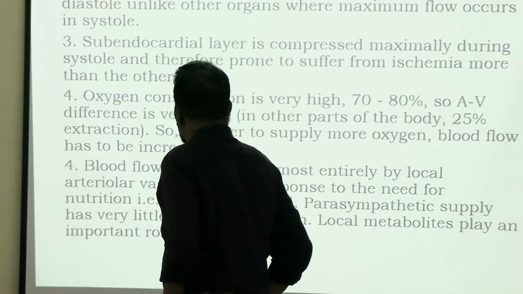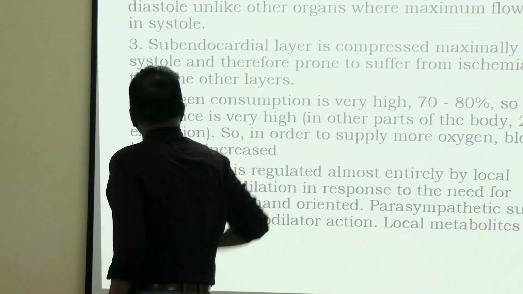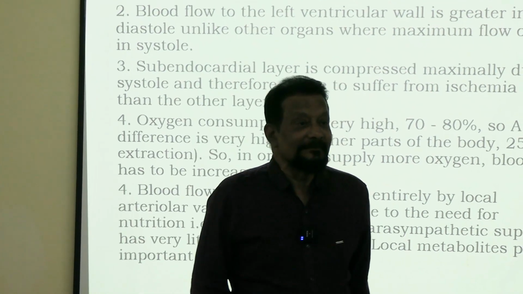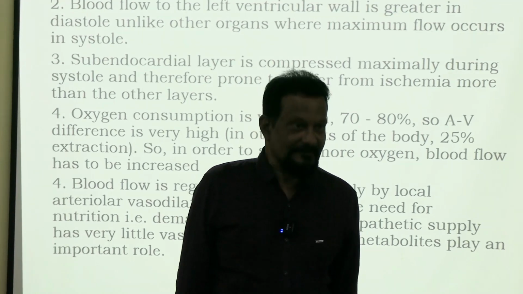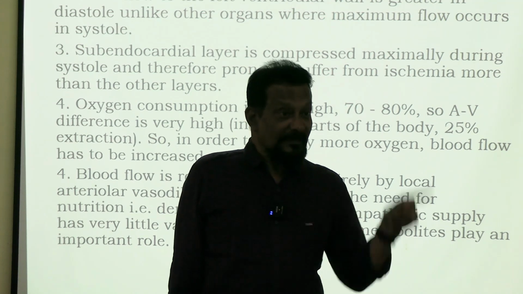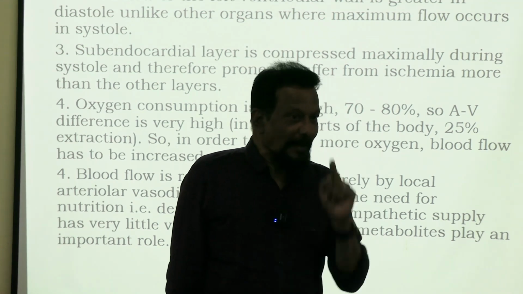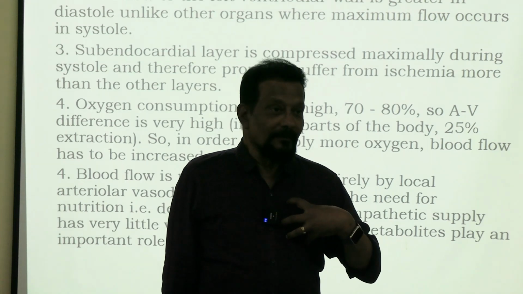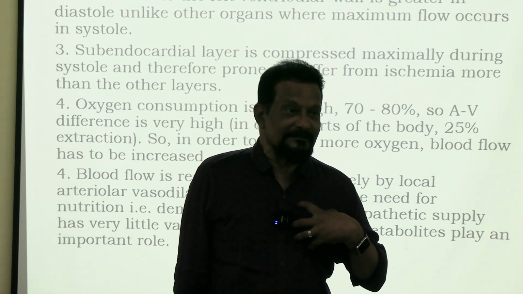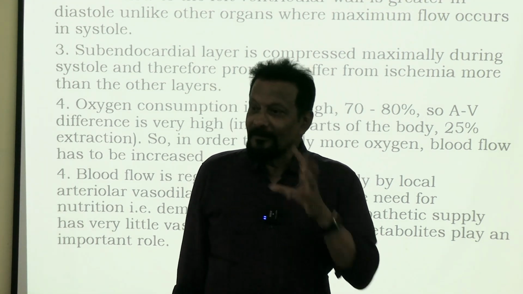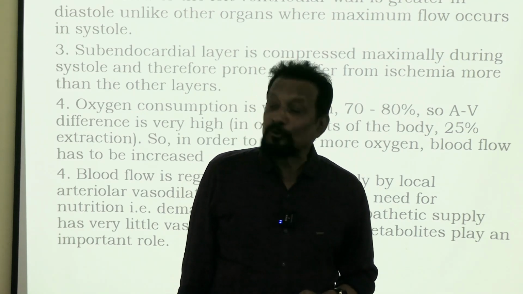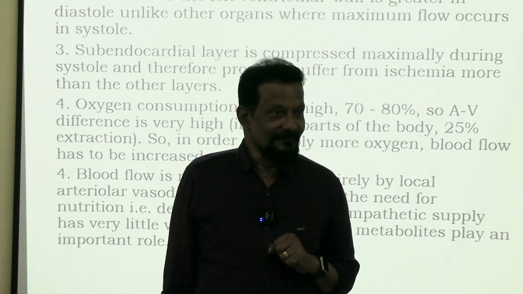Now we are coming to the coronary circulation. Our normal cardiac output is near about 5 liters in 1 minute. Our heart weighs 300 grams, and it consumes 225 ml per minute.